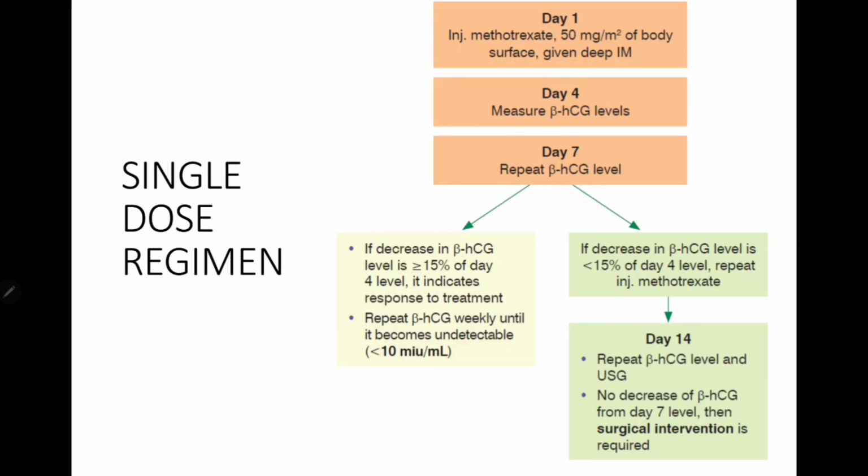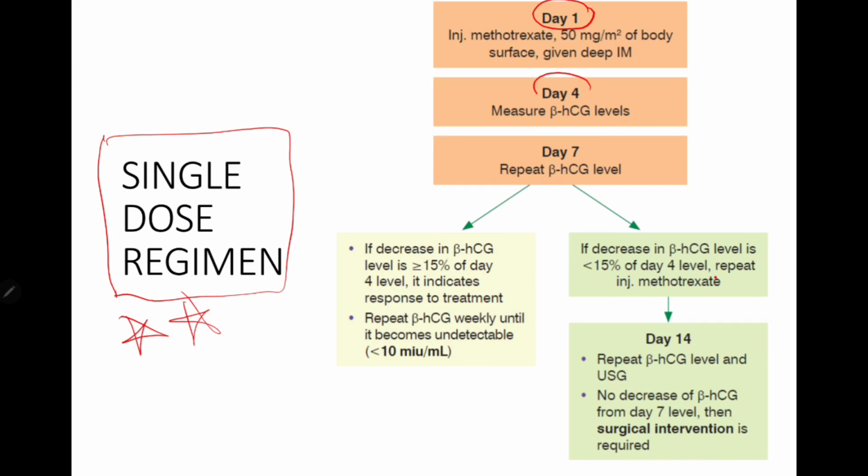Now, coming to a very, very important topic which you must remember in the management is single dose regimen. As I already told you, this life-saving drug in ectopic pregnancy is your methotrexate injection. So that is going to be your single dose regimen. So I am going to classify it as like day 1 what I am going to do, day 4 what I am going to do, and day 7 what I will be doing.